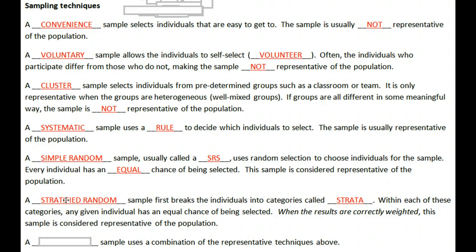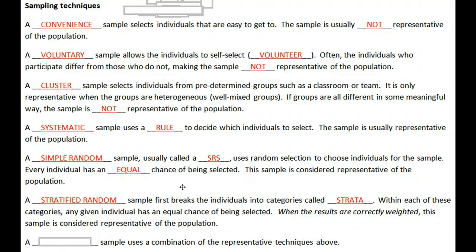If you were to break them first into freshmen, sophomores, juniors, seniors, and then did an SRS, or name drawing from a hat, within each of those categories, within each of those classes, that would be a stratified random sample. It guarantees that you're going to have people from every one of your categories. So in the case of a school where they're all fairly large categories, that might not be as helpful.